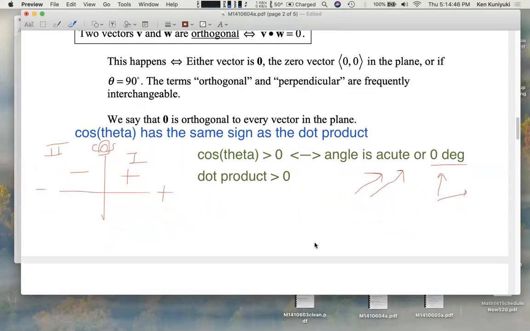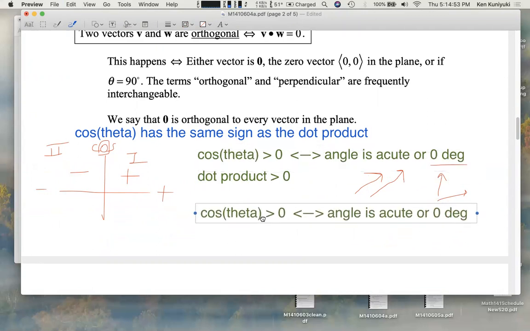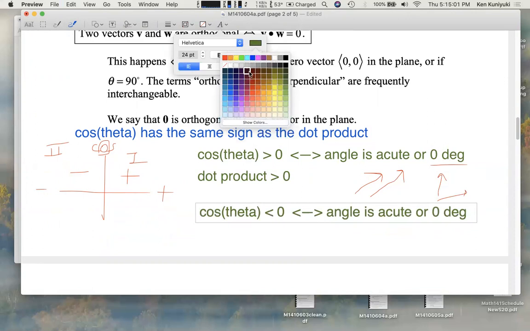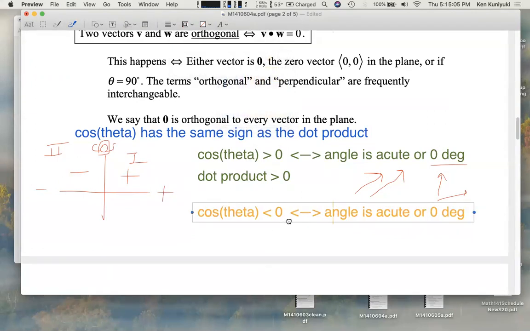All right. Now, what about the case where cosine of theta is negative? If cosine of theta is negative, I'll do this in orange. Cosine of theta is negative if and only if the angle is obtuse, strictly between 90 degrees and 180 degrees, right?